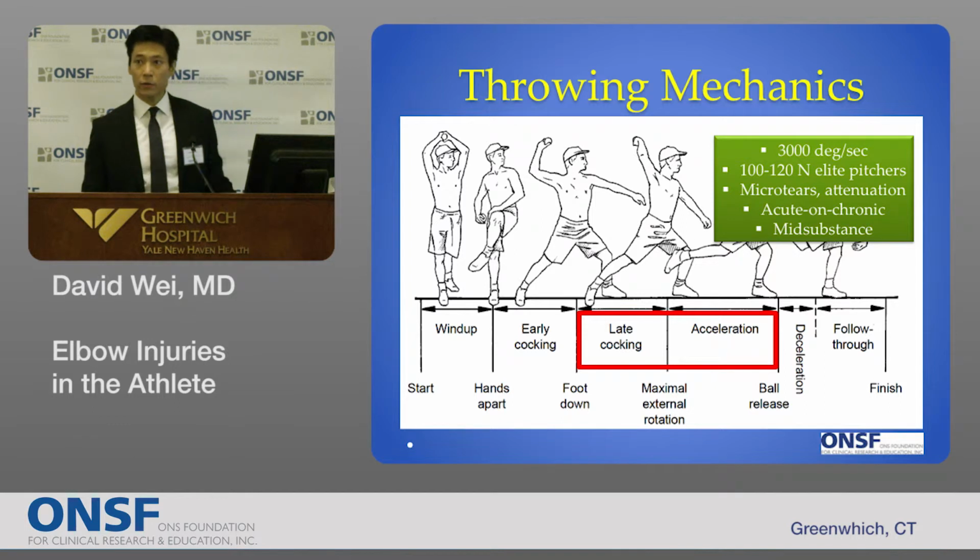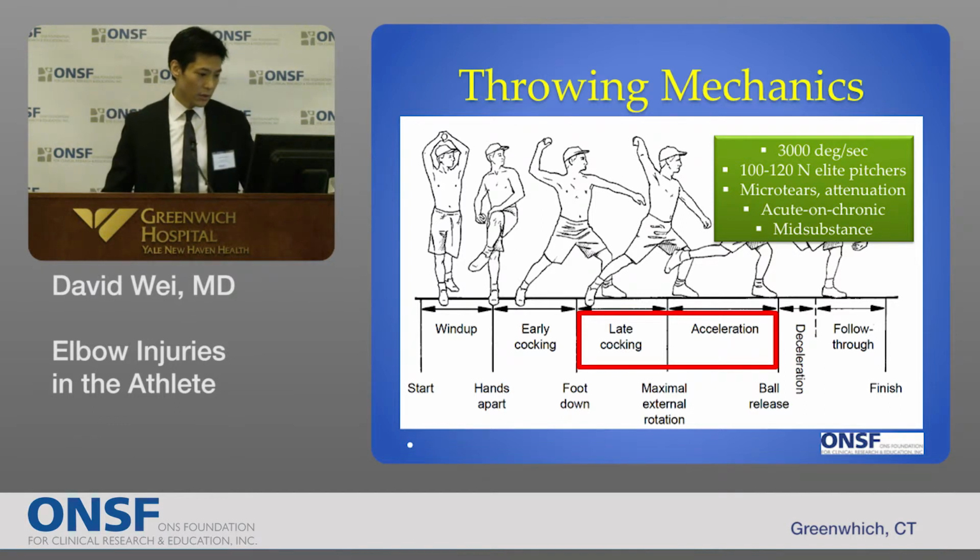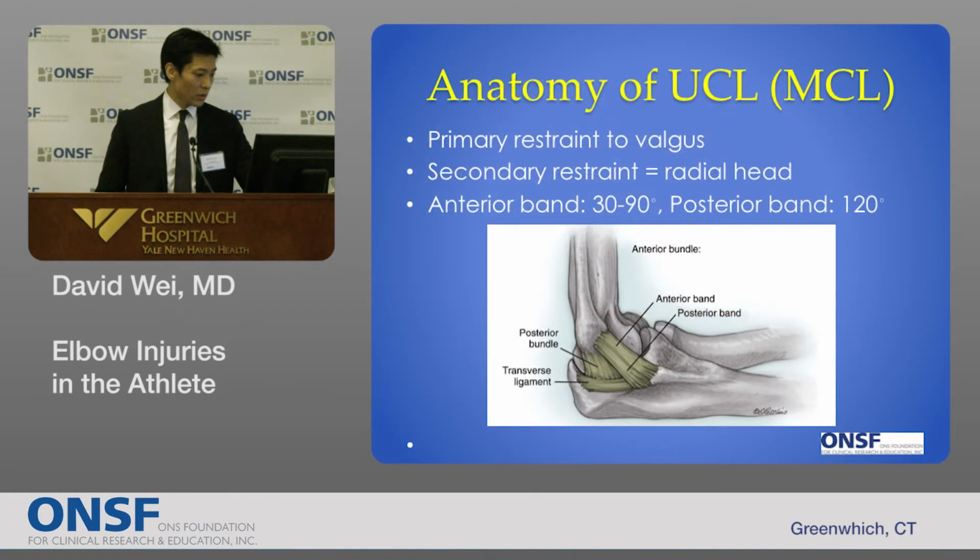And that's why you can get micro tears or attenuations and other injuries. The UCL, if we look at the anatomy, is fairly complex, but the parts that matter are the anterior band and the posterior band. And it's really the anterior and posterior bands that restrain the arm when you're putting that amount of force in the late cocking phase and the acceleration phase.